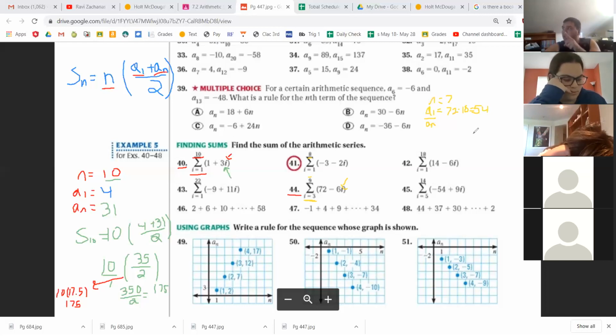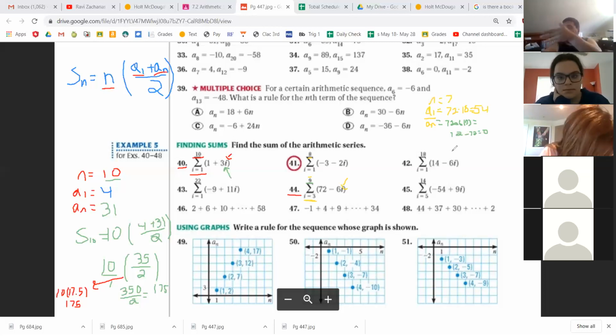You don't always plug in 1. You plug in the starting point, which happens to be 3 in this case. Next, we're going to plug in our endpoint, which is 9. That's still 9. So it's 72 minus 6 times 9. 6 times 9 happens to be 72. So 72 minus 72 equals 0? Yeah, that's okay. It could be 0.